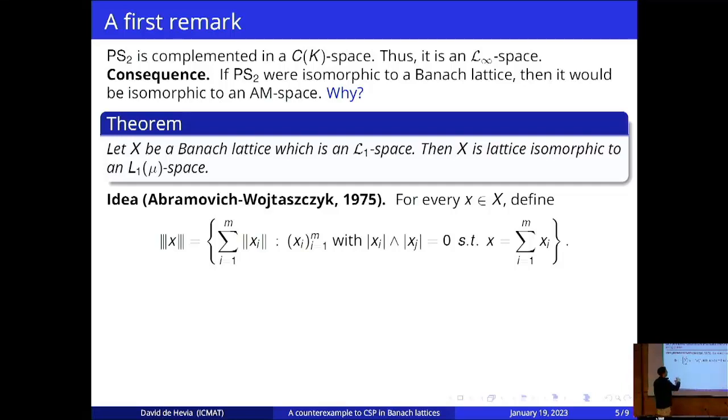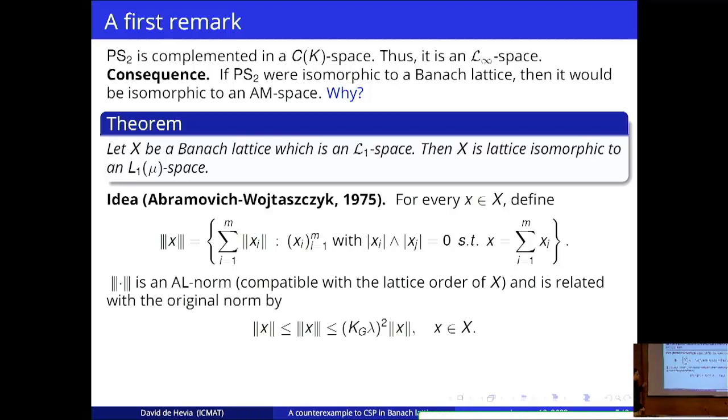Applying the Grothendieck inequality two times, which is not very easy, not trivial at all, you can check that this new norm is equivalent to the original norm, and the constant is this.